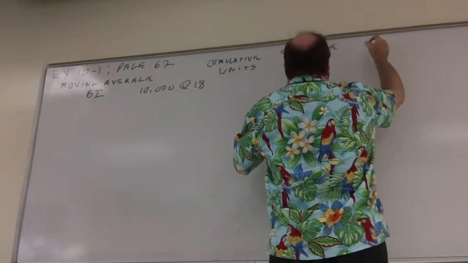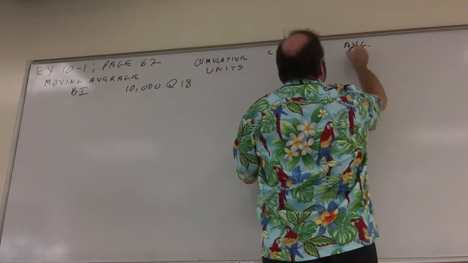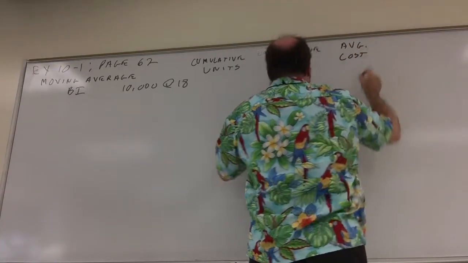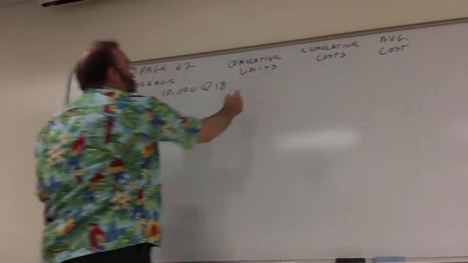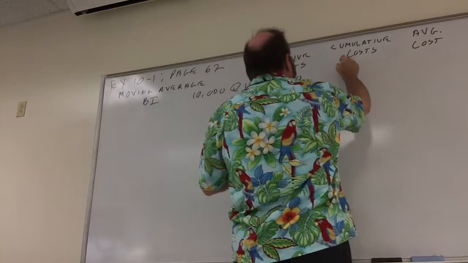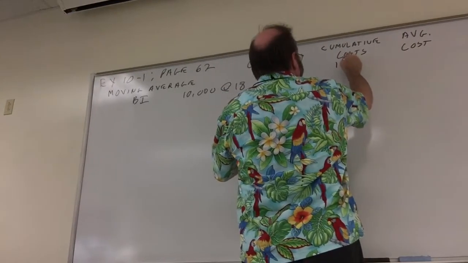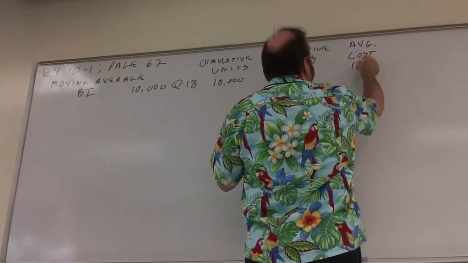And then the difference of those will give us average cost. Okay? So we have 10,000 units in total in beginning at a total cost of $180,000. And that's $18 per unit.